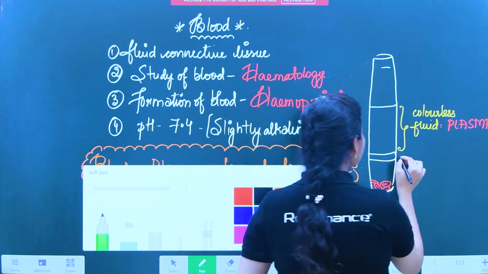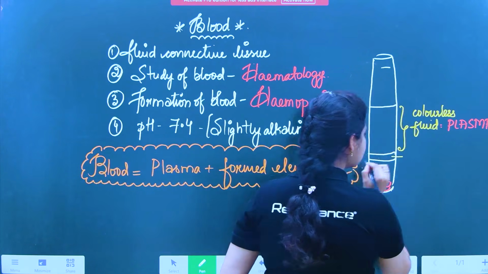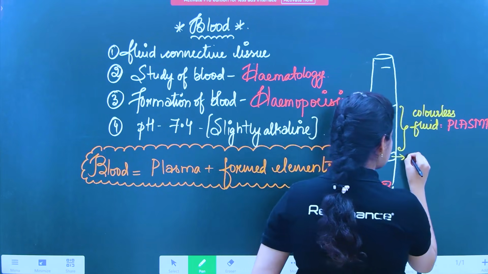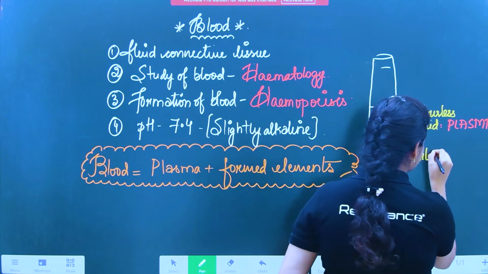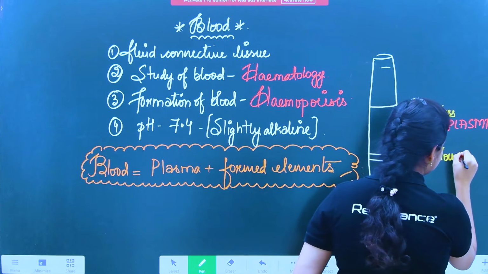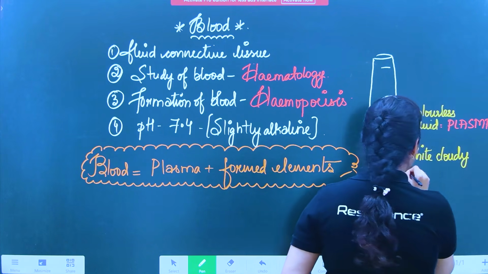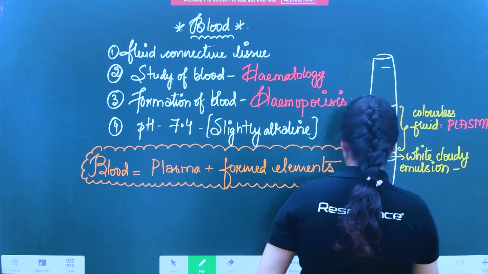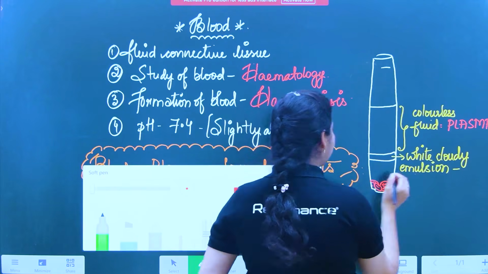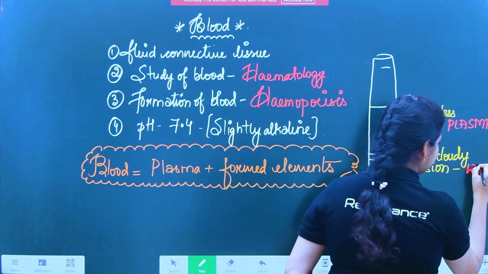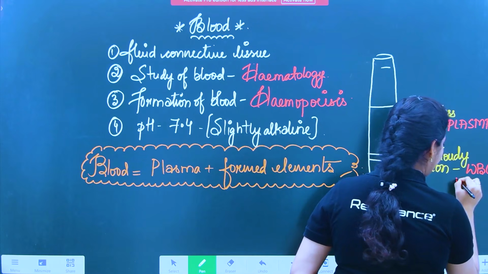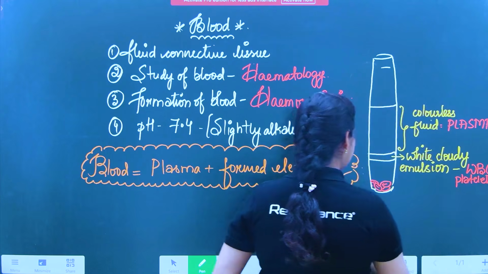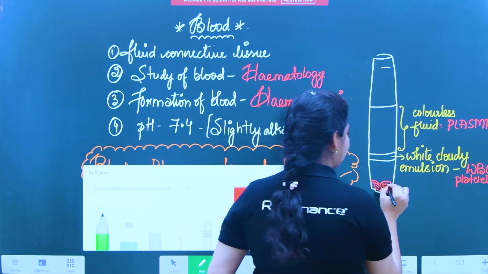Moving on to this part. Can you see this? This is a white cloudy emulsion, which has components like WBC and platelets.